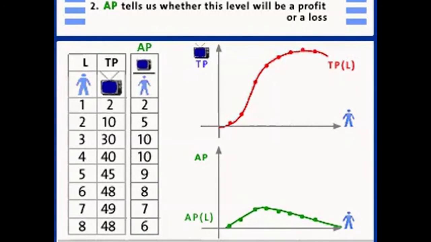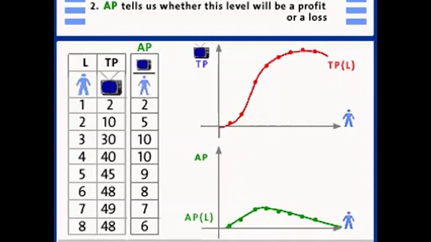Now, before, remember we said that the marginal product of labor was the slope of this curve at any given point. There's also a geometric way to calculate the average product of labor, but it doesn't make as much intuitive sense. It's actually the slope of a line from the origin up to the curve. The rise would be output, and the run would be labor, so output divided by labor would be the average.